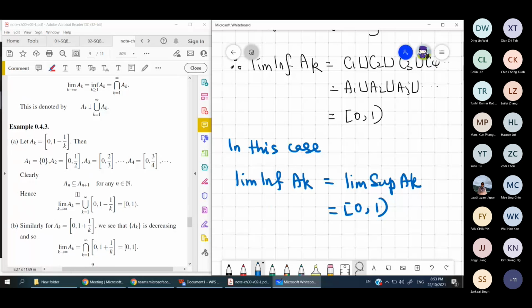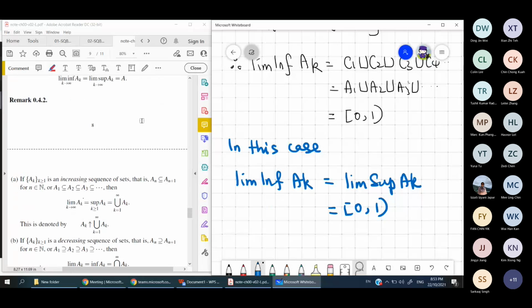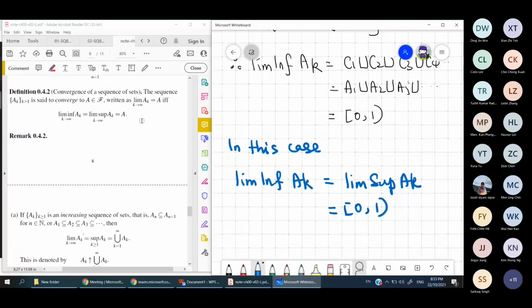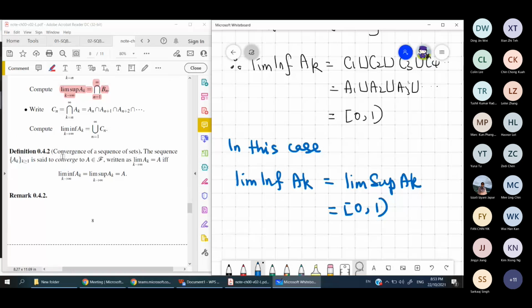This is a so-called increasing sequence. That's why we can compute it in a much easier way. So I think after this, you more or less know how to compute the limit infimum and limit supremum. So we go back to this example first.